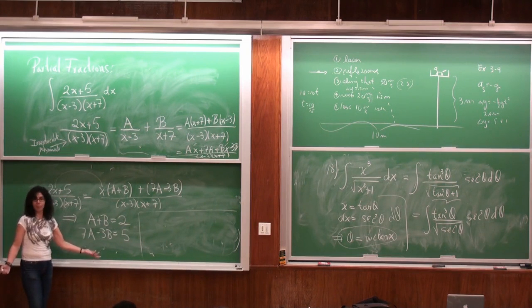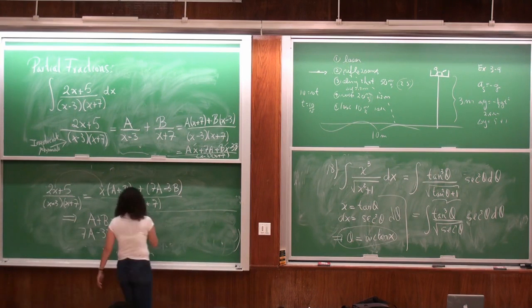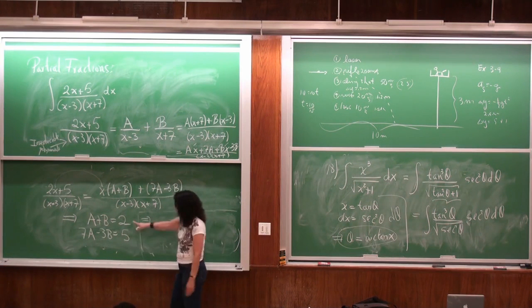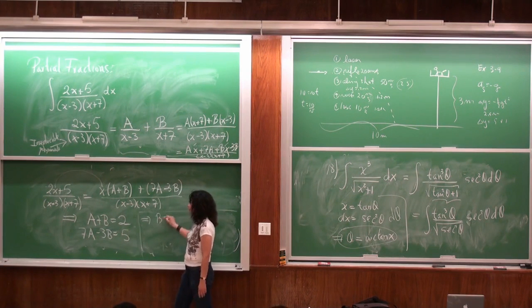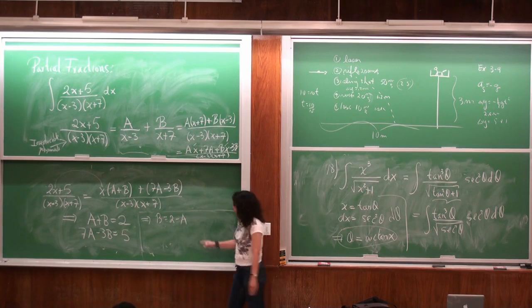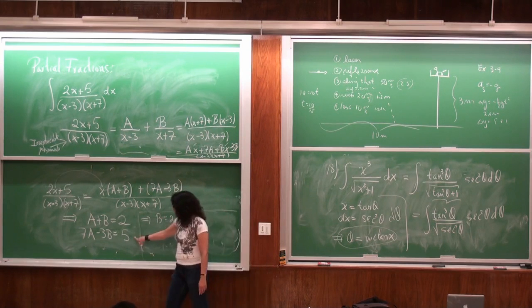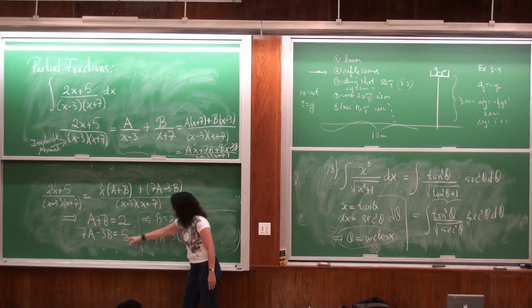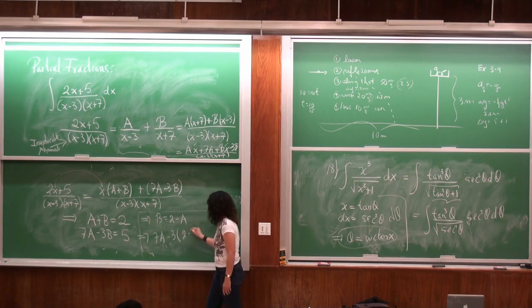What do you want? Solve for B? Alright. Okay, so from this one, this equation over here implies that B is equal to 2 minus A. And then I'm going to replace this in the one below. So this is going to say that 7A minus 3 times, instead of B, I write 2 minus A, is equal to 5.